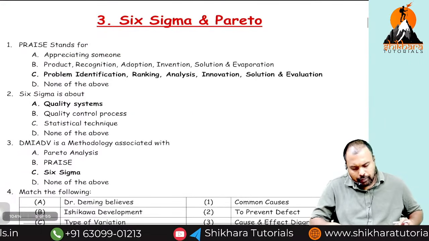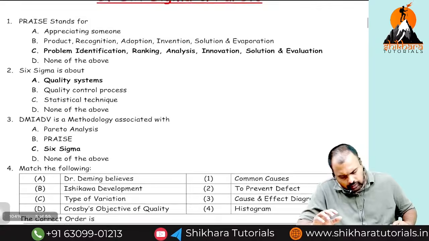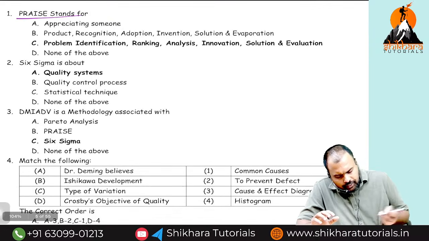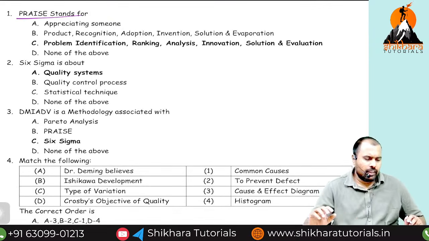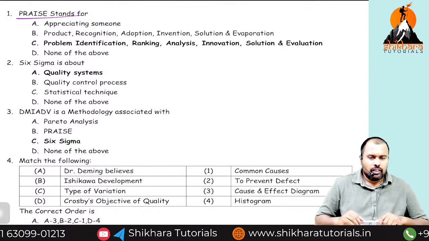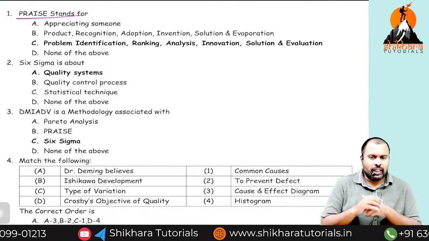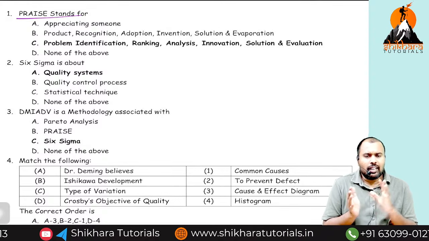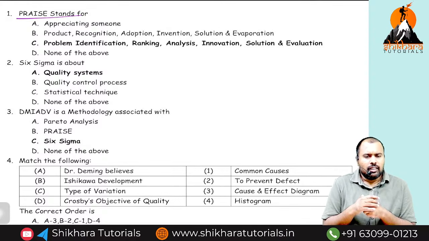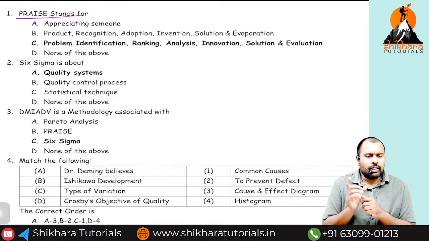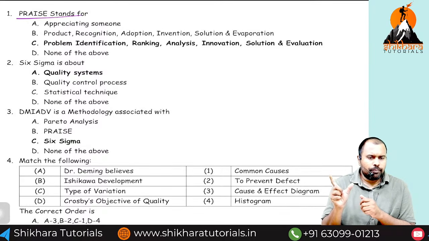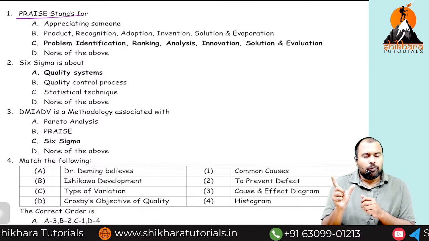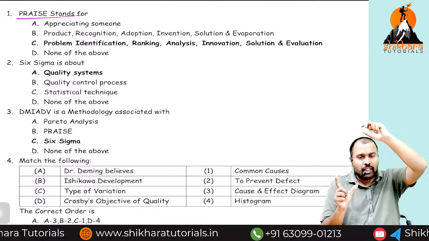Then Six Sigma and Pareto. What does the P stand for? It is nothing but rectifying the damaged thing. What process should we follow? There are many things to be rectified. Out of that, first identify the problem. After identifying the problem, find the major problem and give rankings based on that.